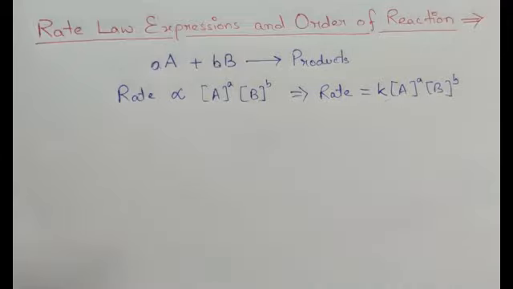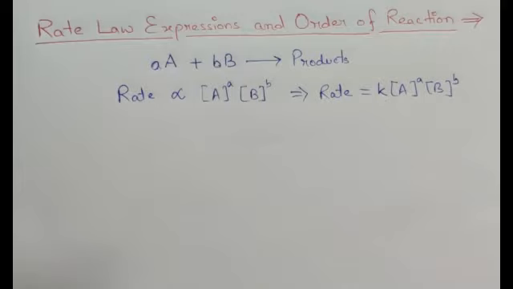But what happens? Experimentally, the rate of reaction sometimes does not obey the theoretical values, and in that case, whatever molar concentrations take part in the chemical reactions are used to find out the rate of the reaction.